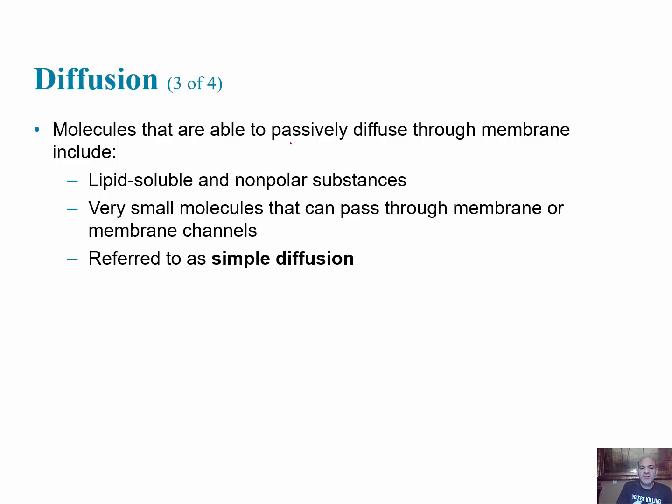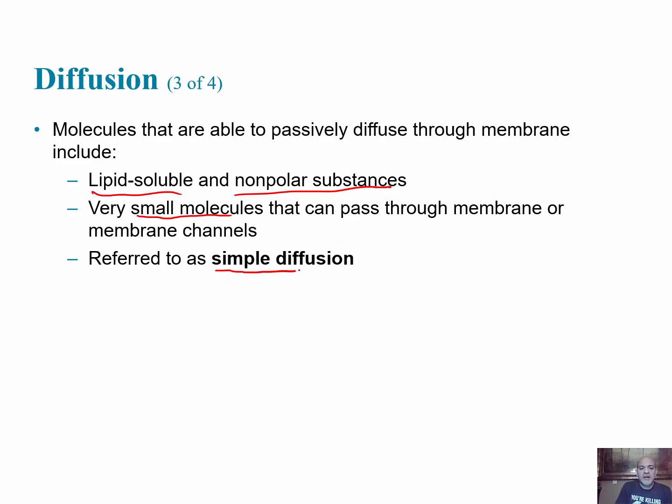Now, there are some molecules that can simply diffuse through the membrane, and they include lipid-soluble and nonpolar substances. They can go through that nonpolar center of the plasma membrane. Also, some very small molecules can pass through the membrane or through some channels that may be there.